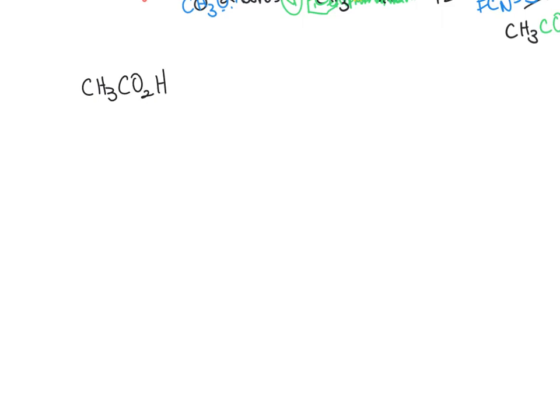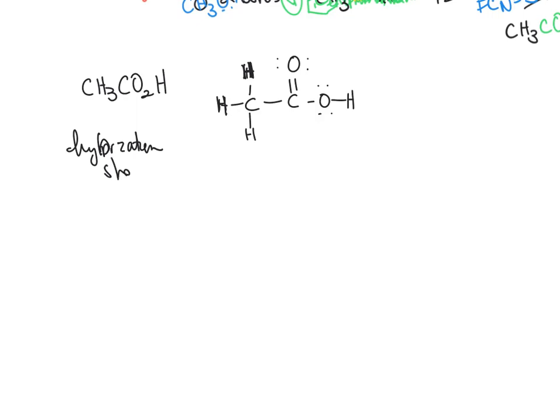So what does this look like? You can draw the Lewis structure. It's a carboxylic acid. And now I want to talk about hybridization, what you need to know about that. Hybridization and shape and geometry.